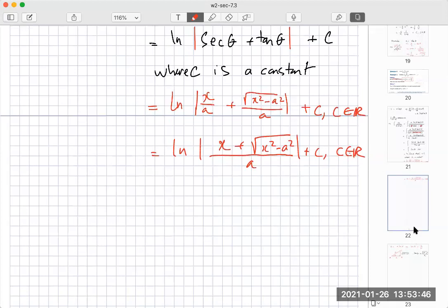And here, the properties of the natural log function, remember, log, say it again, please.